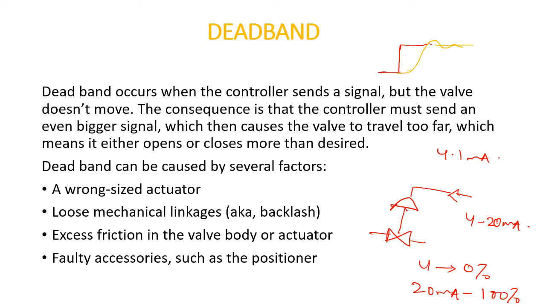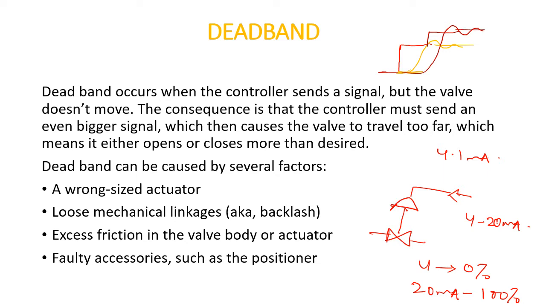So there is a deadband present. The consequence is that the controller must send an even bigger signal. Suppose there is a signal like this and there is no response, it is flat. Now the controller has to increase the signal to the next level, and then only does it start to move.